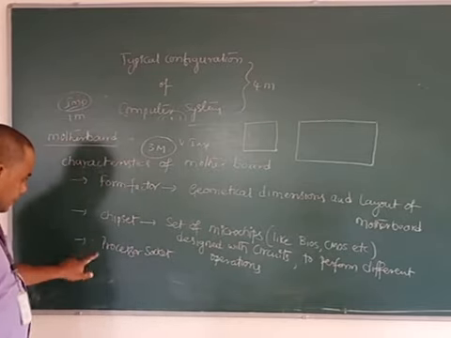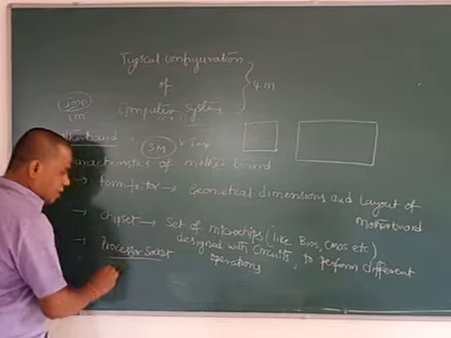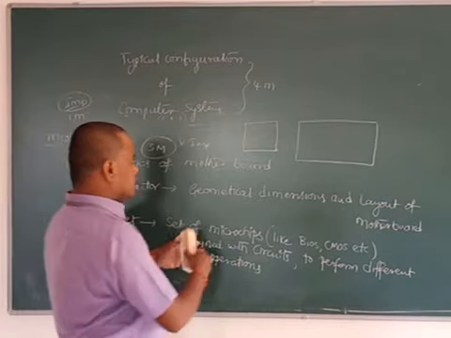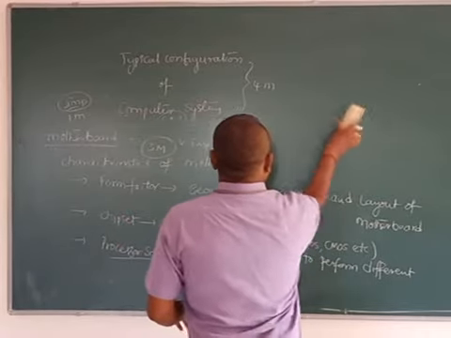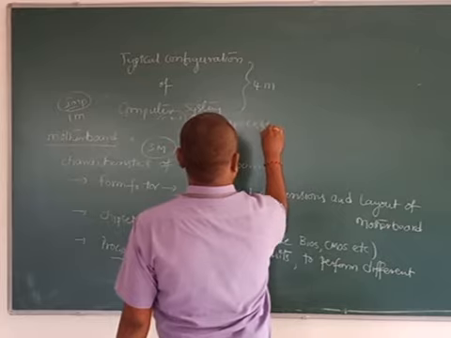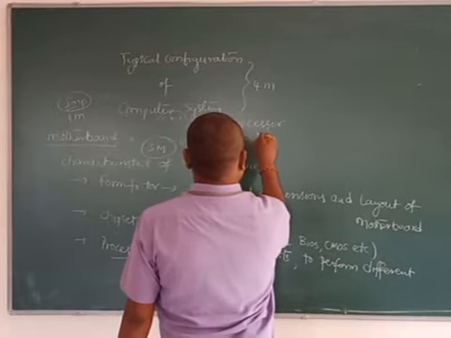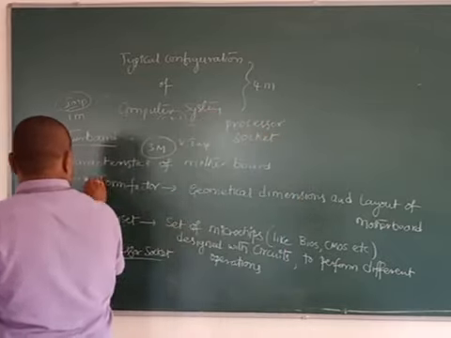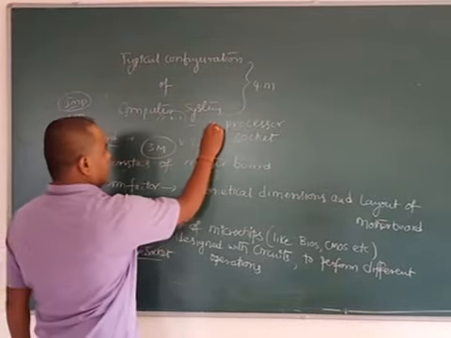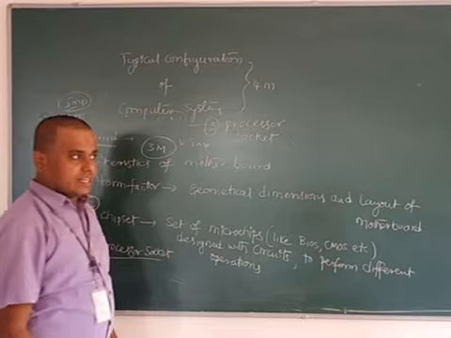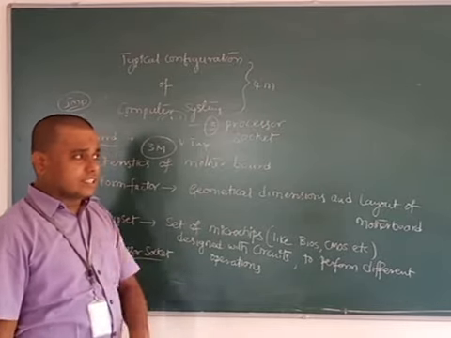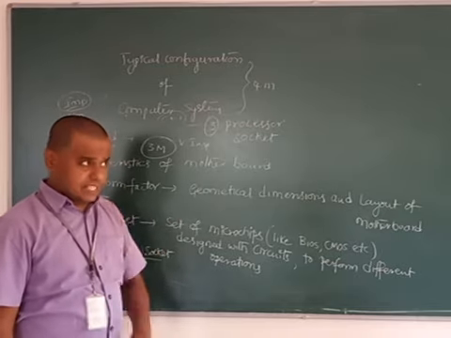And the last topic of the characteristics of a motherboard is the processor socket. First is form factor, the second is chipset, and the third is processor socket. For the processor socket, again you need to consider the size of the chipset.